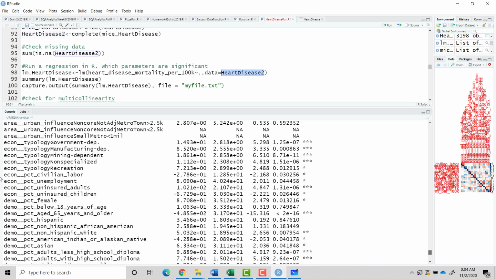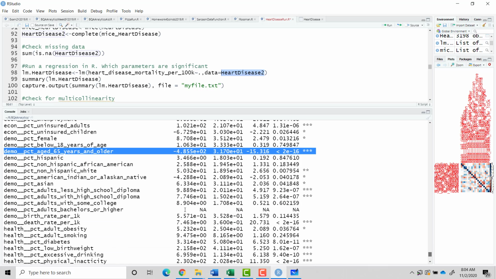And then let's look at some of the continuous variables. Some of these measures, like percent insured adults, are significantly positive. Age 65 and older is negative. You'd maybe think that was weird, as older people are more likely to get heart disease, but I think it's that the demographics where people don't live quite as long tend to have higher rates of heart disease.